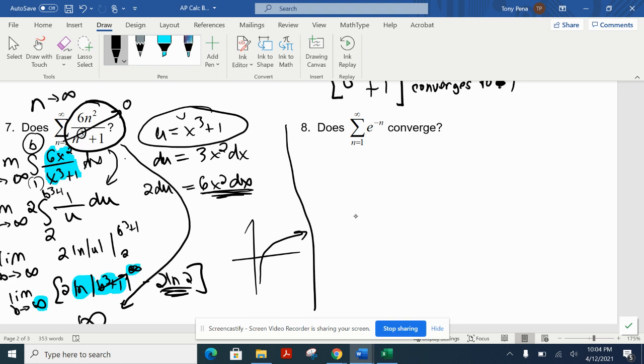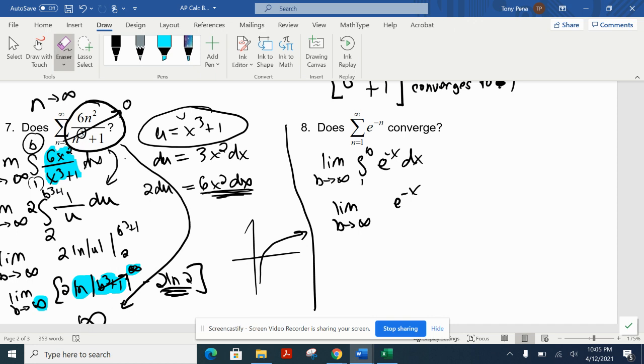All right, and then 8, last one for this page. Turn that into the integral. Do your antiderivatives. You're going to get e to the negative x divided by negative 1.